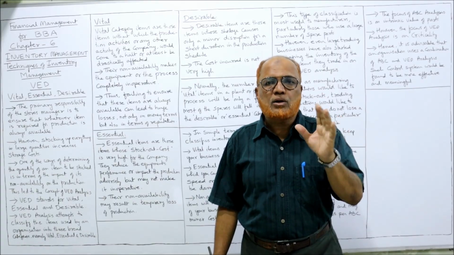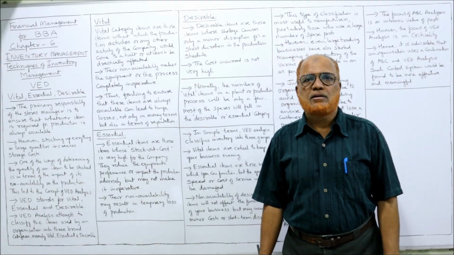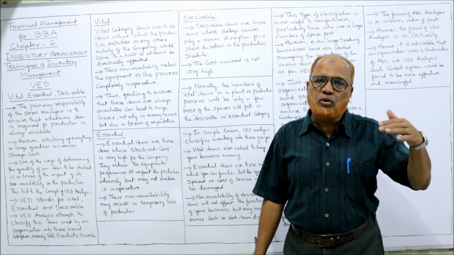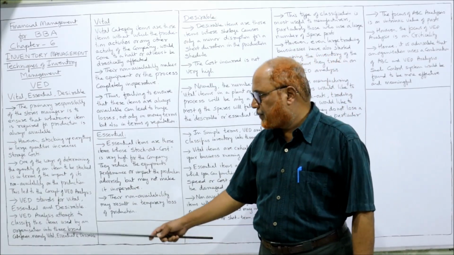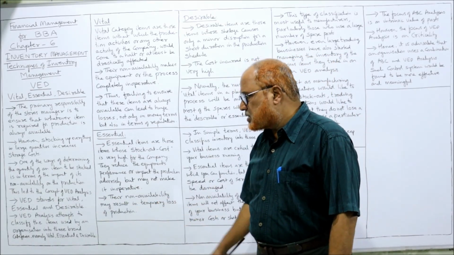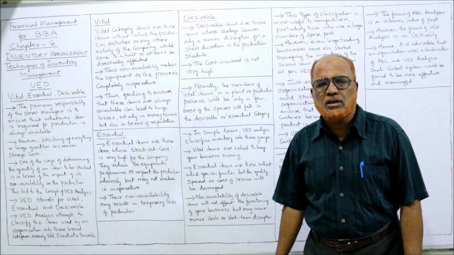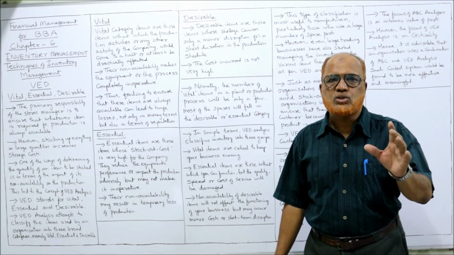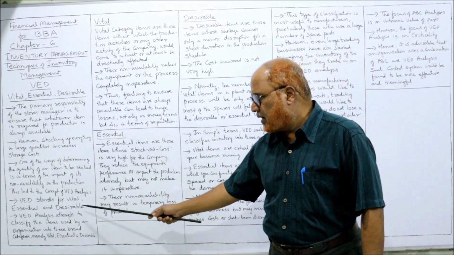From that point of view, we divide the inventories into three categories, based on the impact of non-availability of that item on production. So this led to the concept of VED. VED stands for vital, essential and desirable. V stands for vital, E stands for essential and D stands for desirable.